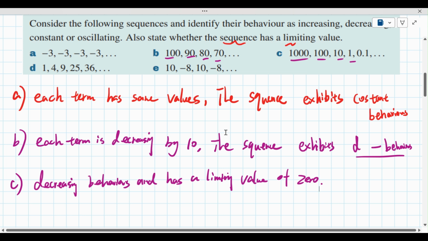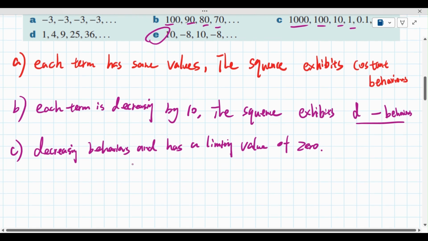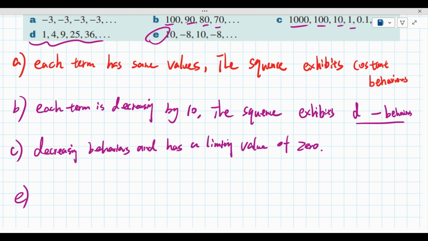And I'm going to show you what oscillating looks like. Question D: 10, negative 8, 10, negative 8, 10, negative 8, and so on.